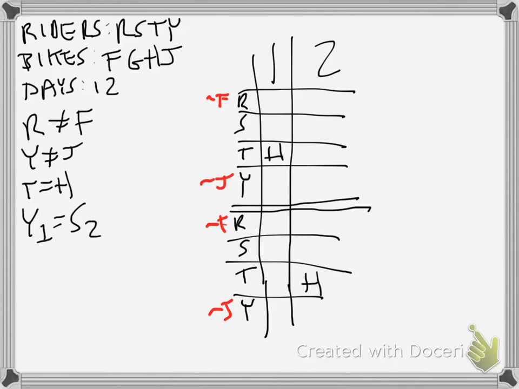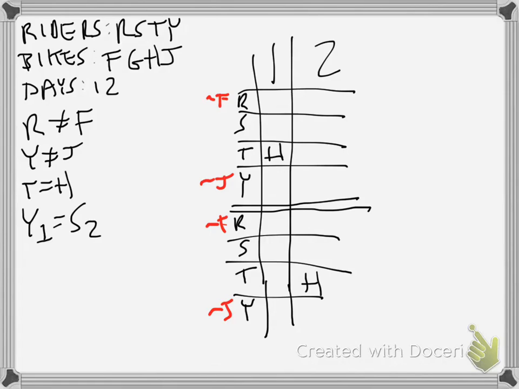Whenever you're told what people can't do, you should start to think about what they can do, or even what they must do. And for instance, in your first sketch, Y is very limited, and the reason Y is limited is because Y can't do J already, in the first sketch Y can't do H because T is doing H, and you also know that Y can only do whatever S can do on the second day.